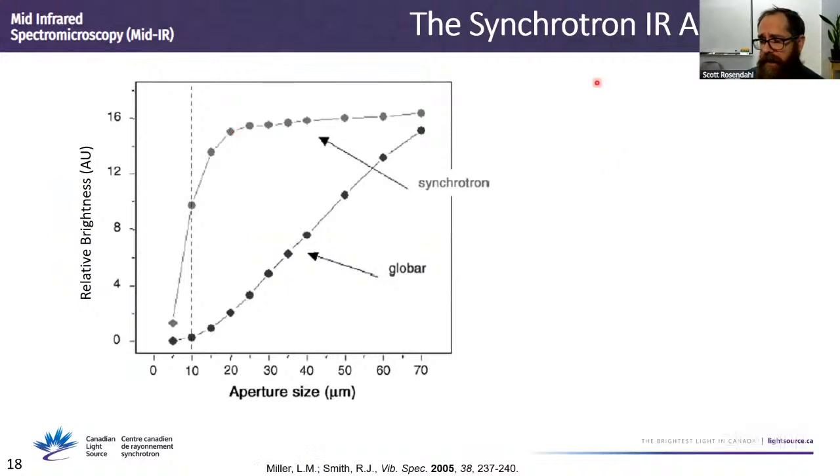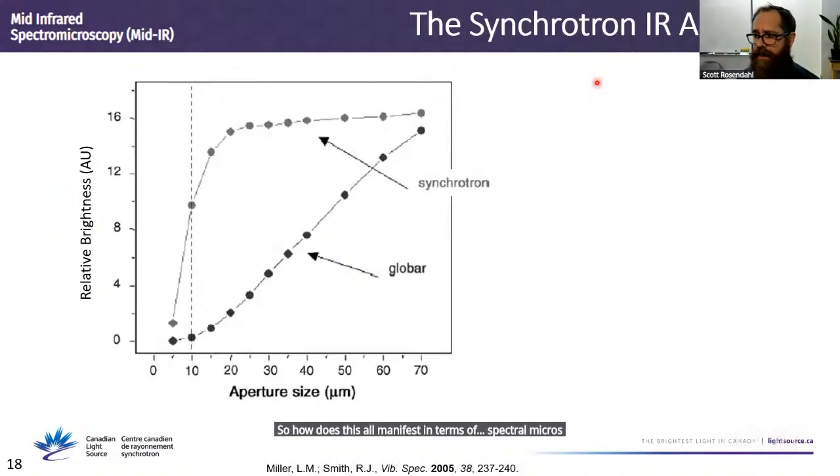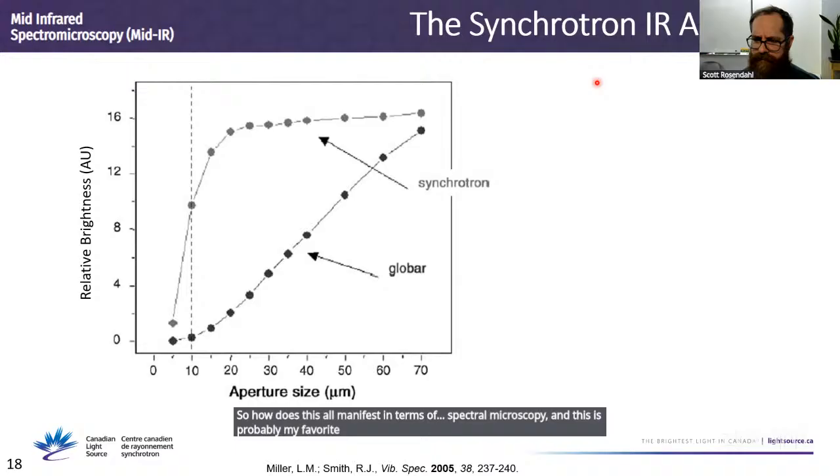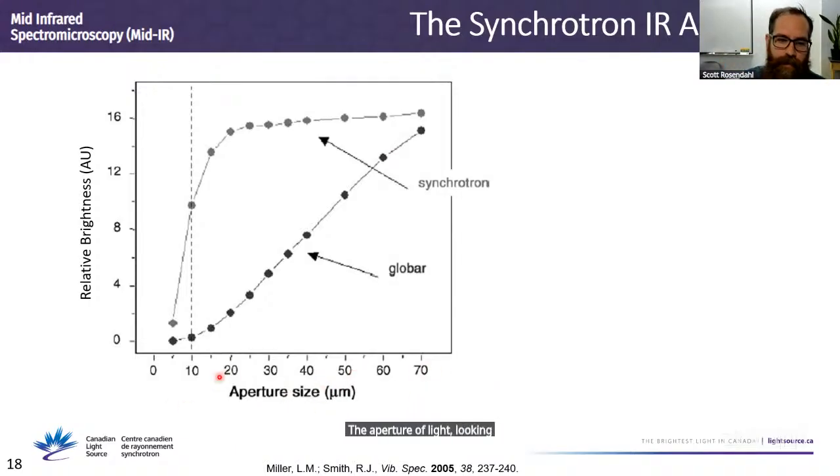So how does this all manifest in terms of spectral microscopy? This is probably my favorite slide. It's very cartoony, but good to illustrate this. We set up a microscope where we vary the size of the aperture of light looking at the sample, and then the relative brightness.